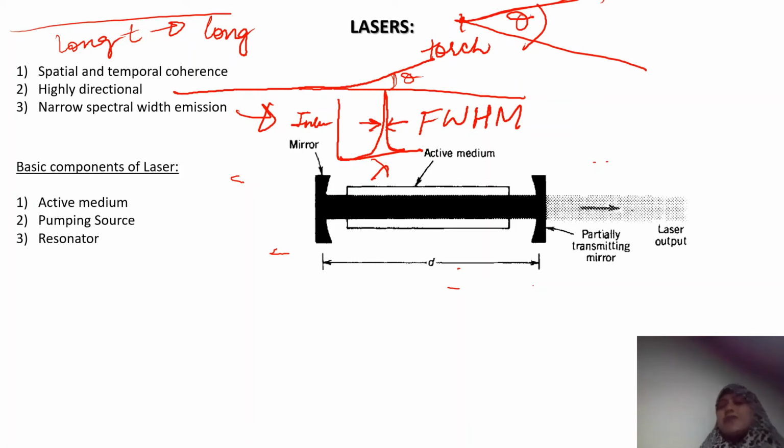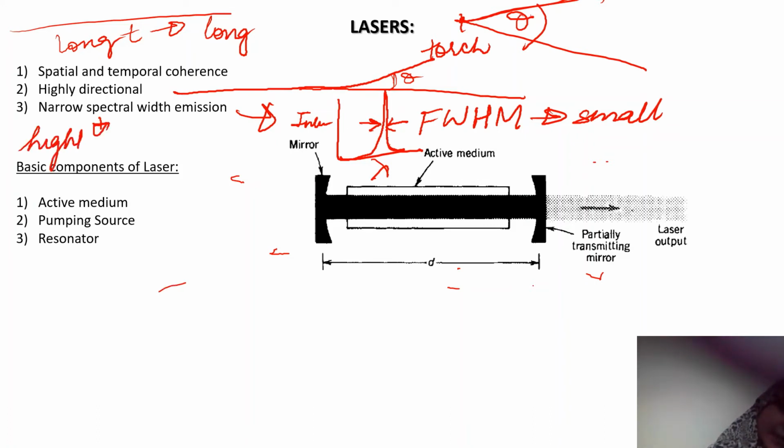This full width half maxima is quite small for a laser light, which means it is highly monochromatic. So these are the properties of the laser light.